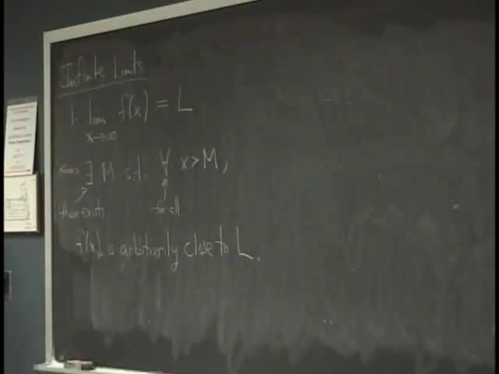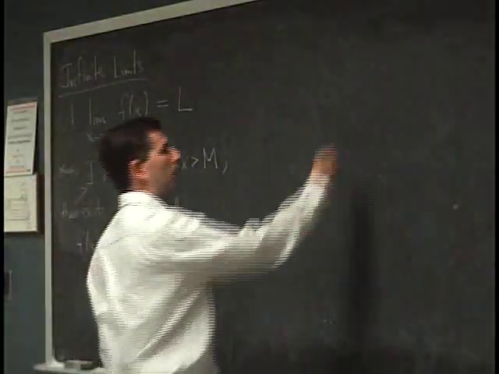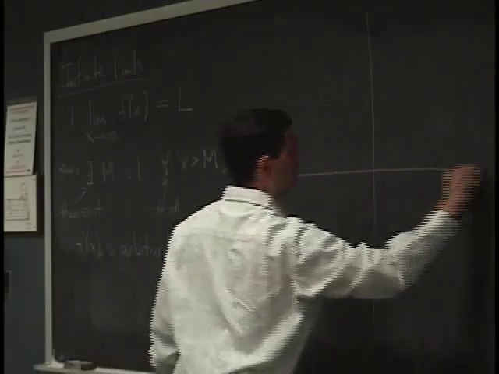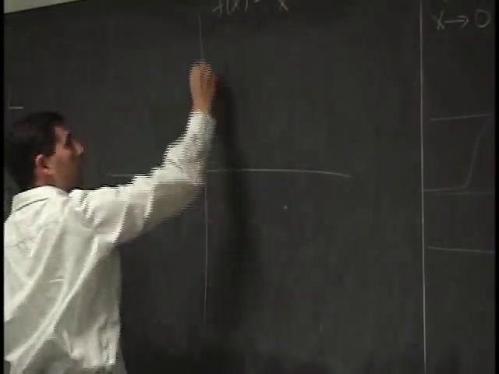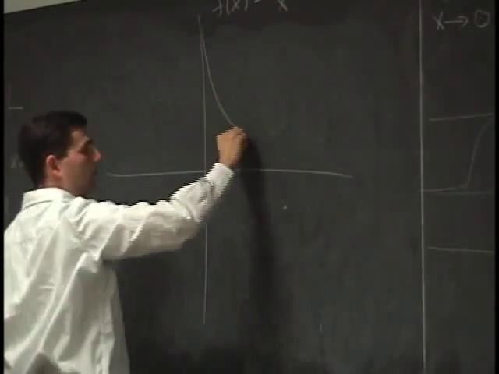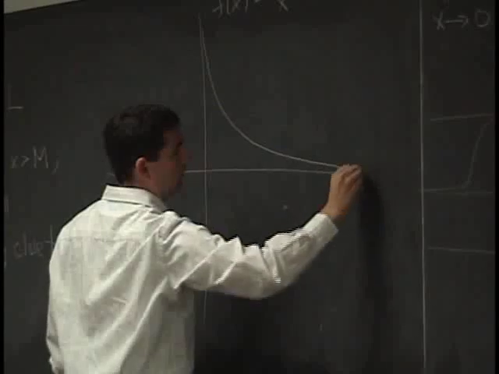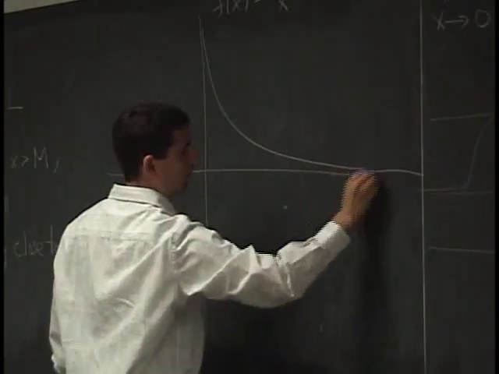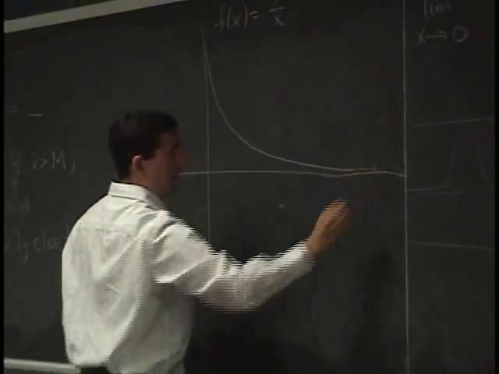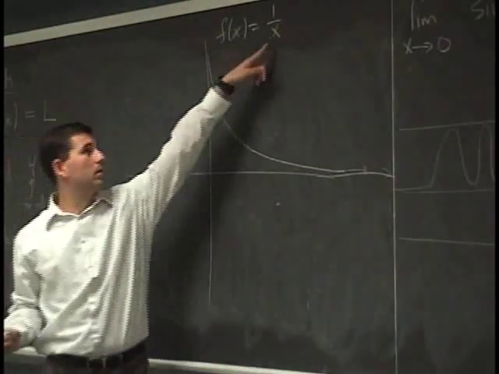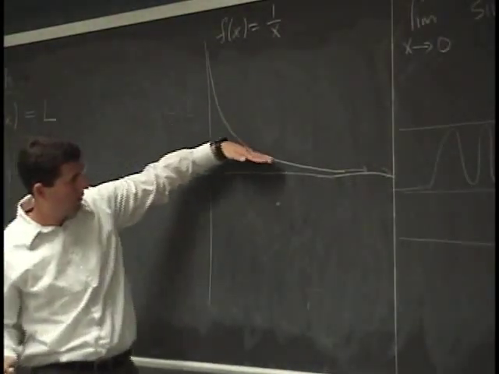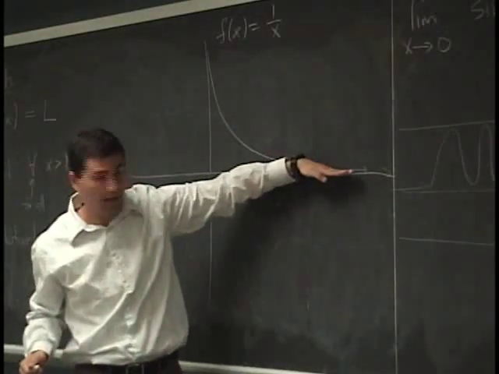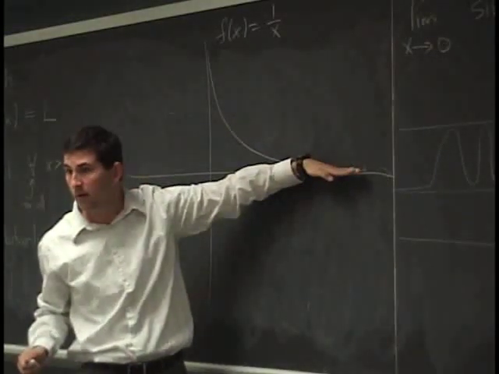What do I mean? Let's look at f of x equals 1 over x. As x gets bigger and bigger, it gets closer and closer to what? To 0.